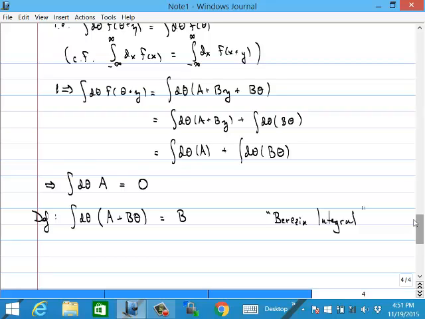One of the cute things to notice is that with Grassmann numbers, integration is the same as differentiation, right? Because the derivative of a plus b theta is b, so is the integral of a plus b theta.